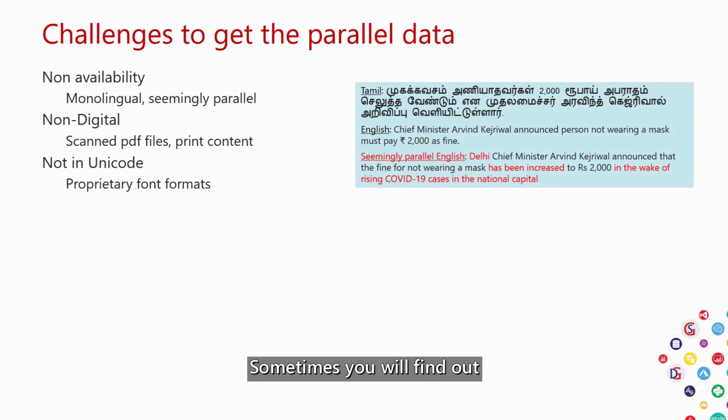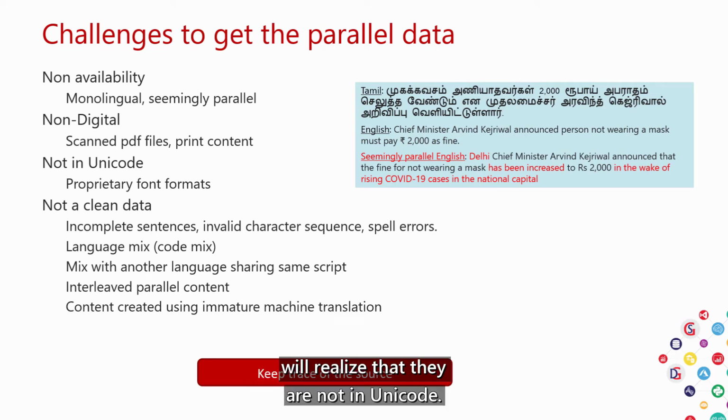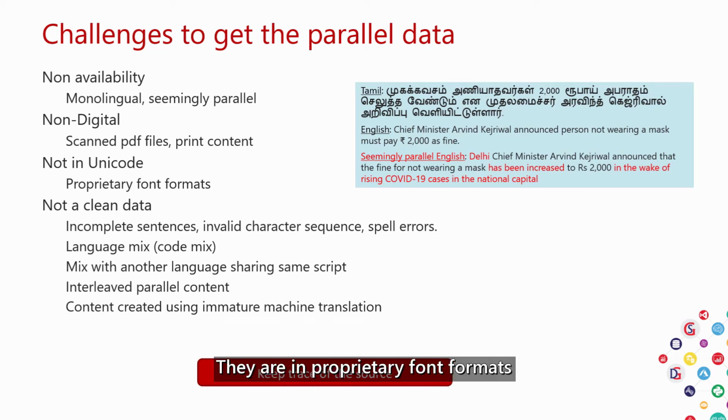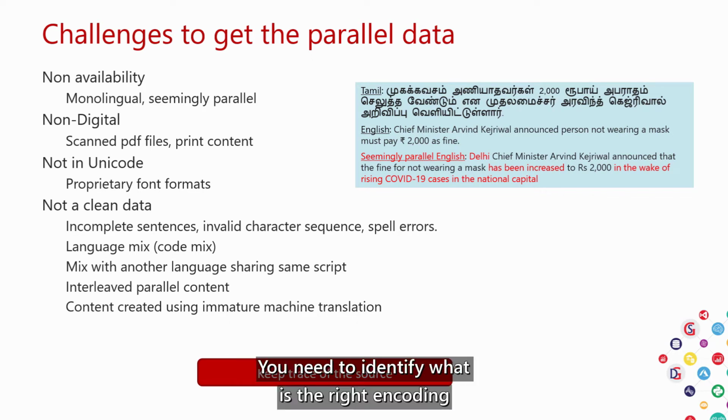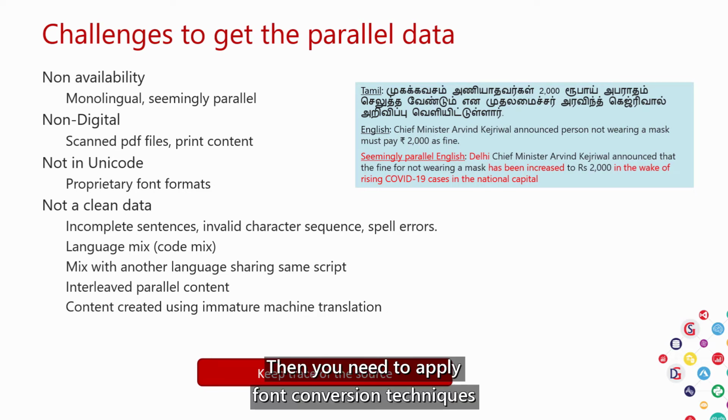And sometimes you will find really good parallel content, and you will realize that they are not in Unicode. They are in proprietary font formats, especially in Indian languages. You need to identify the right encoding used while creating the content, and then apply font conversion techniques to get it in a consumable Unicode format.